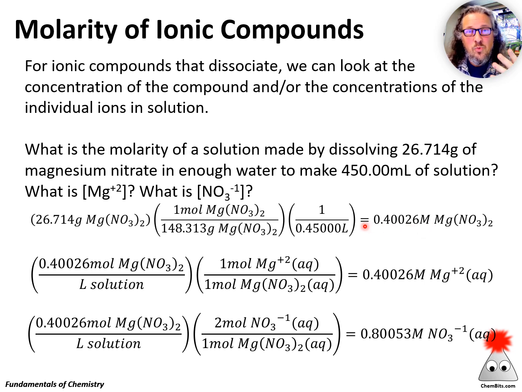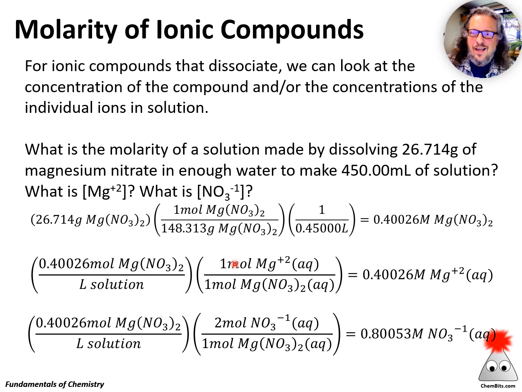But now, because we have an ionic compound, those magnesium ions and nitrate ions break apart and separate in solution. So we can talk about the concentration of magnesium ions, and here I'm using that square bracket convention. What is the concentration of magnesium ions in units of molarity? Well, I know that the concentration is 0.40026 moles of magnesium nitrate per liter of solution.